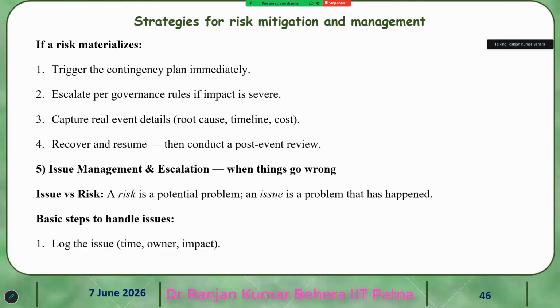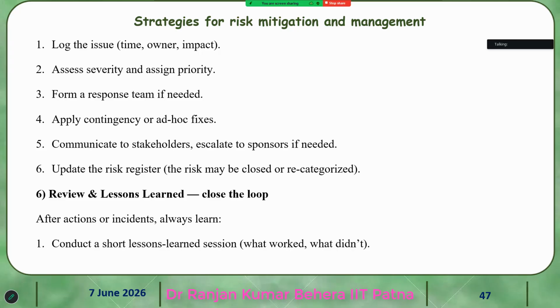Log the issue, the time, owner, and the impact. Then assess severity and assign priority. So, what is the severity of that one? According to severity, we give the priority.